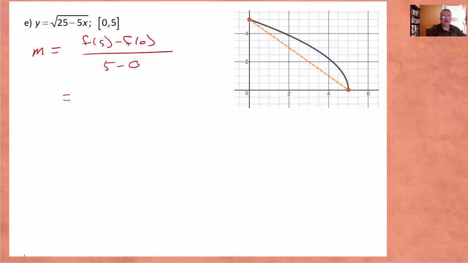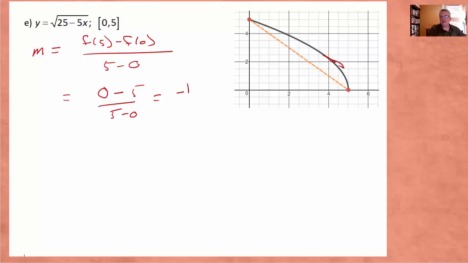If you substitute 5 in this equation, you get 25 minus 5 times 5, which is 0, and the square root of that is 0. If you substitute 0, you get the square root of 25, which is 5. So the slope is negative 1, and we're looking for a point somewhere where the slope is negative 1.